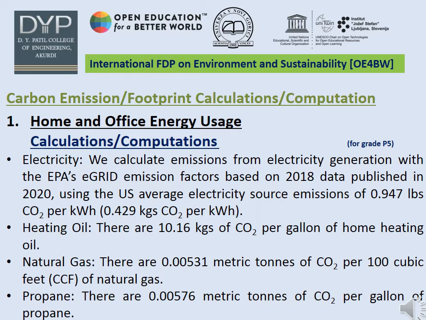Heating oil: there are 10.16 kilograms of CO2 per gallon of home heating oil. Natural gas: there are 0.00531 metric tons of CO2 per 100 cubic feet of natural gas. And propane: there are 0.00576 metric tons of CO2 per gallon of propane.